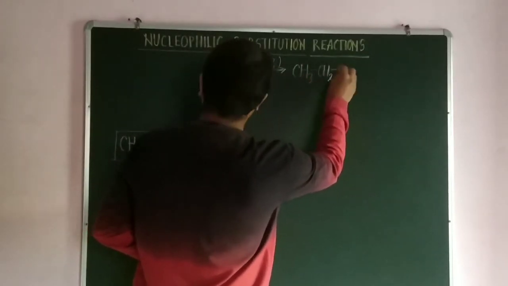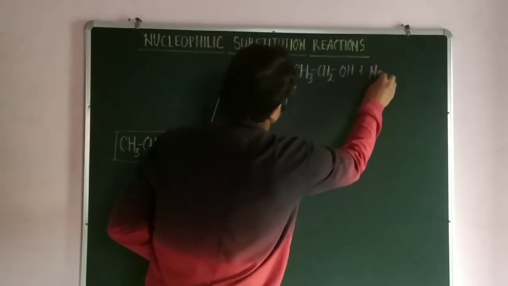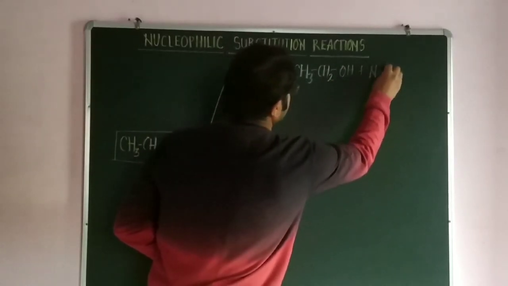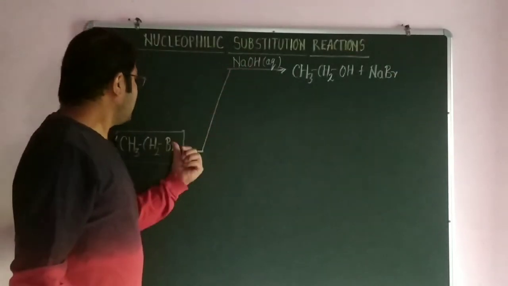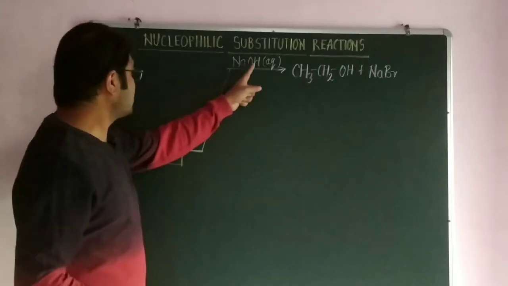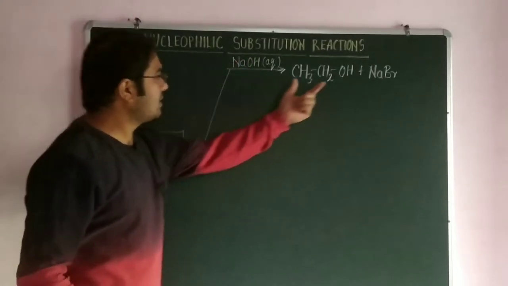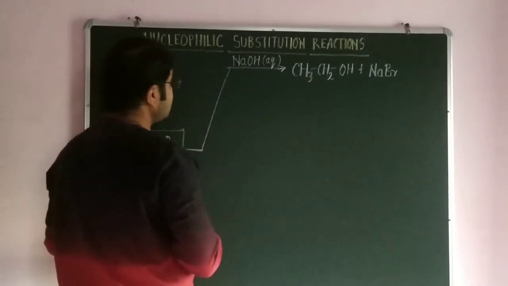This is the most convenient way of writing all the substitution reactions as a whole. NaBr is the byproduct formed here, and OH is introduced on the carbon part and it forms alcohol. Similarly, we use other reagents also.